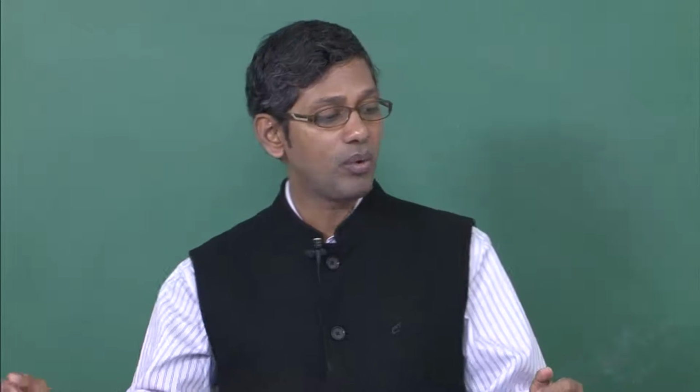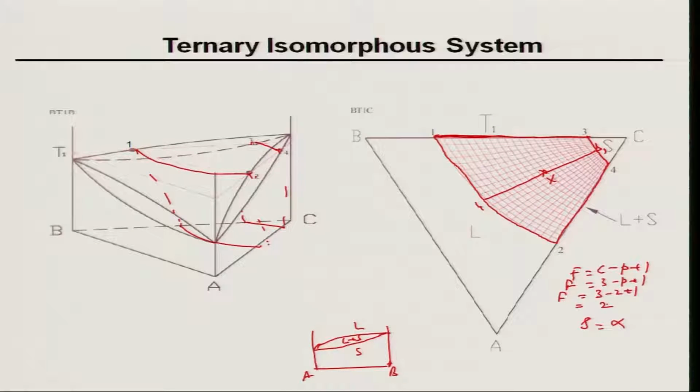So, what is it? Let me explain it. It is very simple. This is because solid is always richer than the melt in the primary component. Suppose solid C: the solid here is rich in C compared to the liquid. Liquid is more lean in C than the solid.